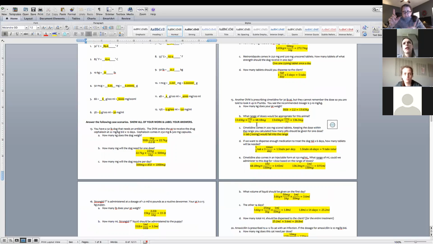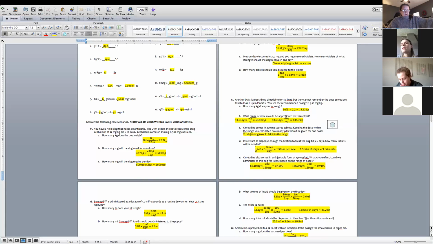Well, when we talked about ranges, you always calculate the low end. In the problem here, you calculate 5 mg per kg and 10 mg per kg. So for this dog, you know your dose is going to be somewhere between 68 milligrams and 136 milligrams.